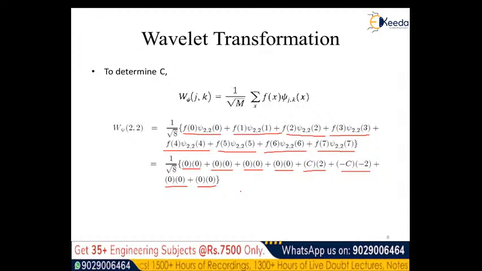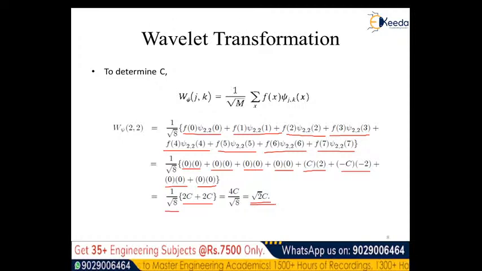This leads us to the value of W suffix I as a function of 2 comma 2 being equal to 1 upon under root 8 times the addition of twice c with again twice c. So this becomes 4c divided by under root 8, which we can simplify to under root 2 times c. So W suffix I as a function of 2 comma 2 is nothing but under root 2 times c.